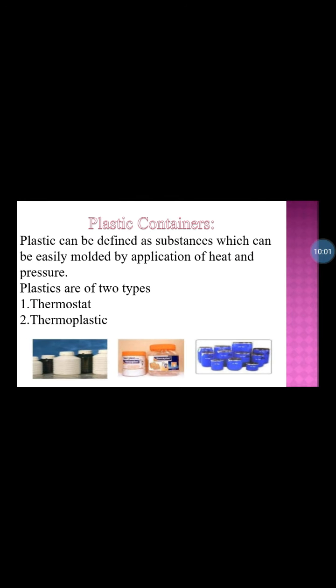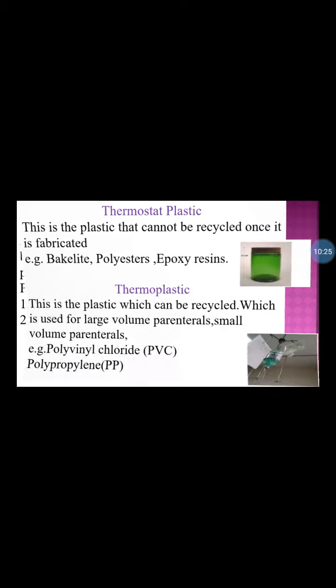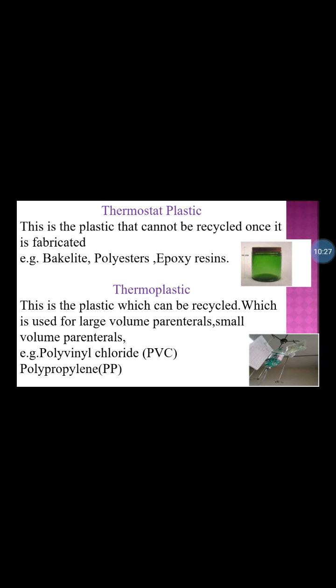Another type of containers are plastic containers. Plastic can be defined as substances which can be easily molded by application of heat and pressure. The plastics are of two types. First one is thermoset and second one is thermoplastic. So let's see one by one. Thermoset plastic is the plastic that cannot be recycled once it is fabricated.